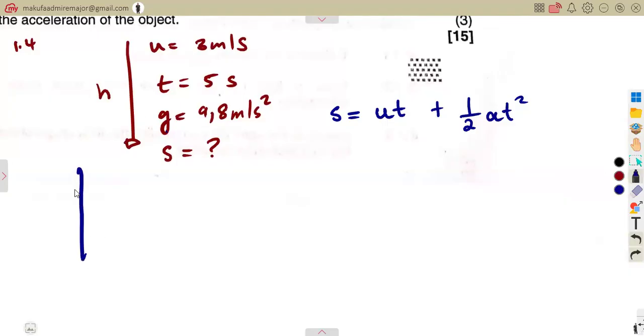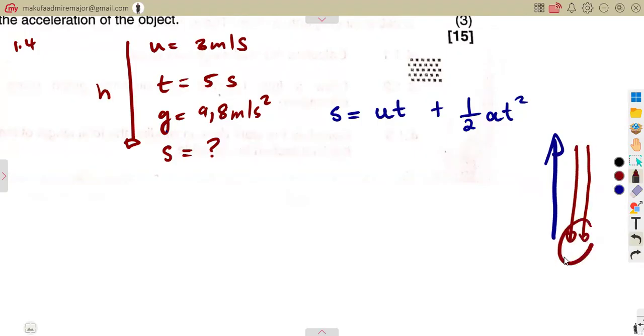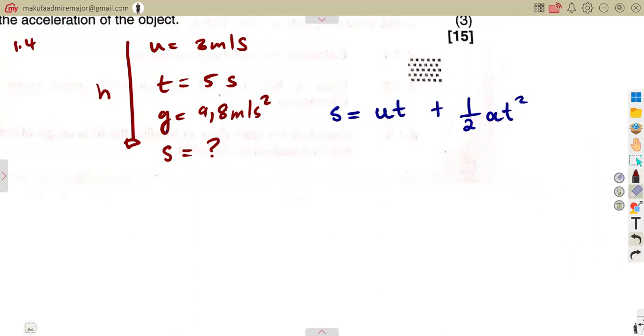So remember, as you are going up, it is opposed, so it is taken as negative 9.8. But as you are going down, you are moving in the same way as that gravitational acceleration. So you use it as a positive in that sense.